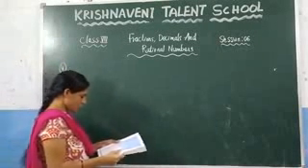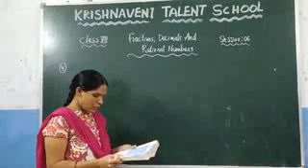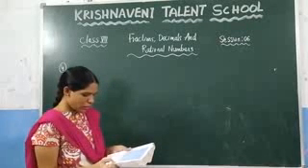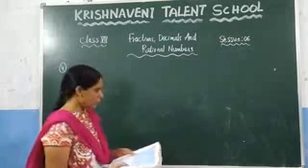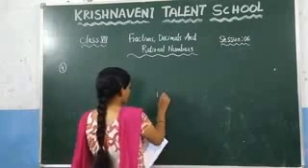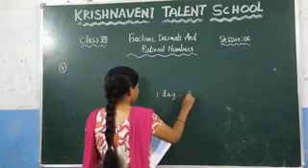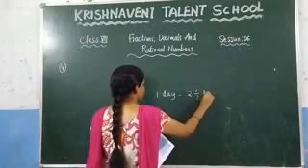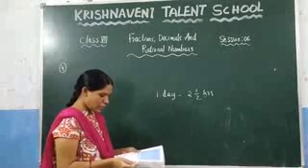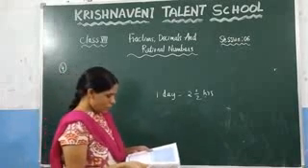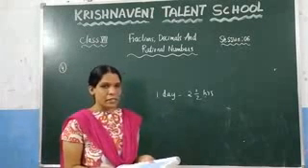Now see the fourth question. Here, what the fourth question says: Rehana works 2.5 hours each day on her embroidery. That means in one day, she is working 2.5 hours. And what they ask here, she completes the work in 7 days. She wants to take 7 days to complete her embroidery.